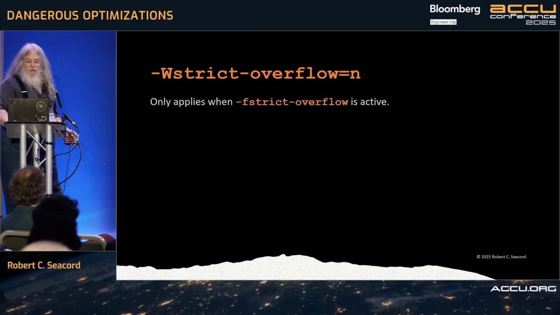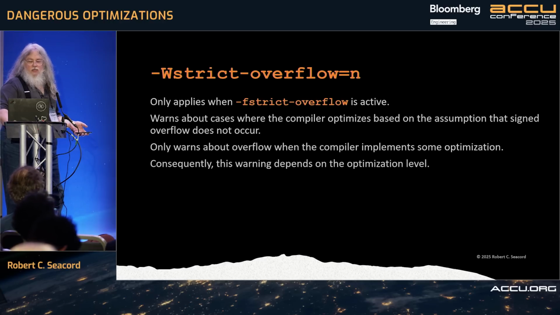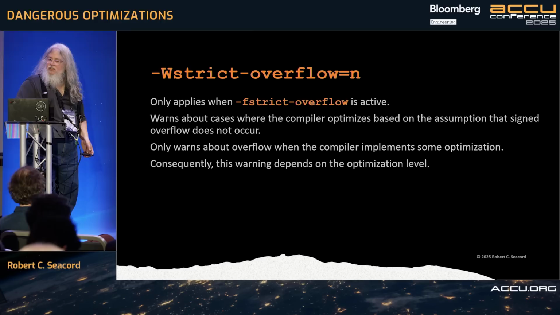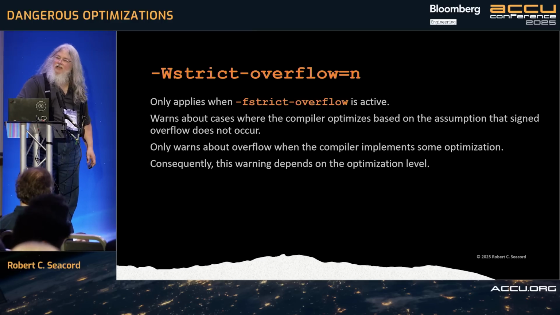So there's this strict overflow flag. I think I've kind of hit on this already. Oh, yeah. So this does depend on optimization level. It's another weird feature of GCC that a lot of the diagnostics are built into the optimizer code, right? So if you're trying to get diagnostics and you're building at -O0, there's a large potential you won't see a bunch of diagnostics.